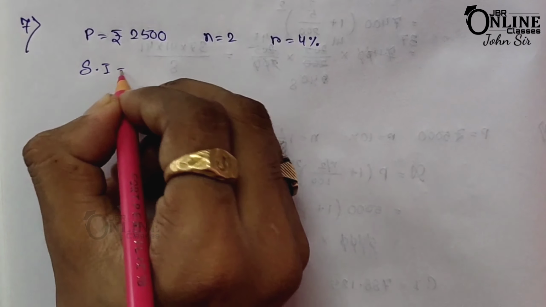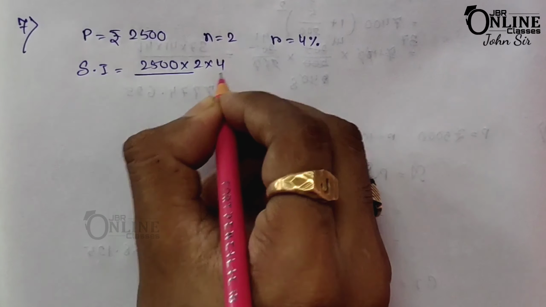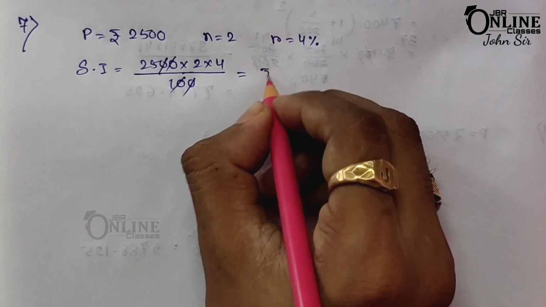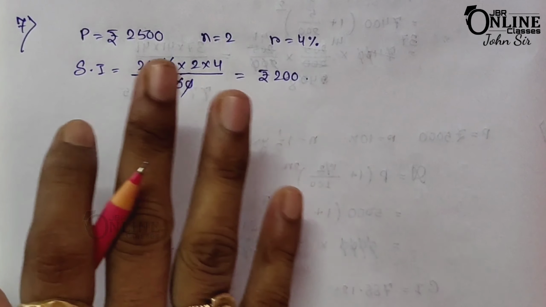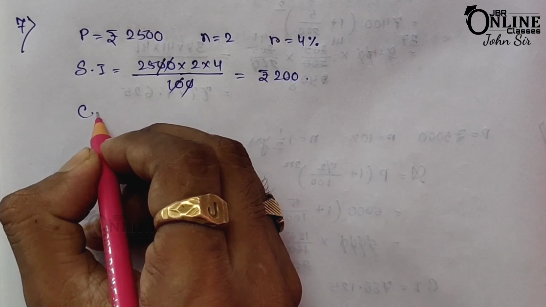Simple interest is very easy, again PRT by 100, so it will be 200. So here simple interest equals 200.